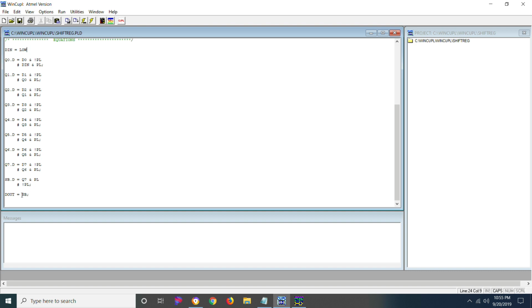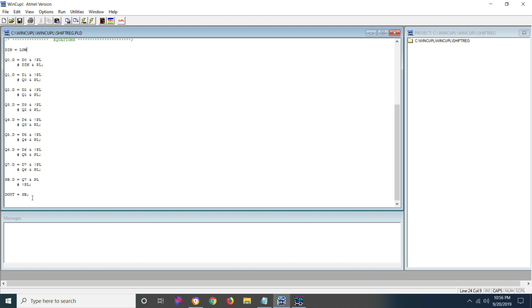And this clock may still be going up and down, up and down, but it's just feeding this data straight across. So the only time that the start bit should have a high state is if we are loading data, okay, or if the data is being shifted over. And the same thing with the data out.